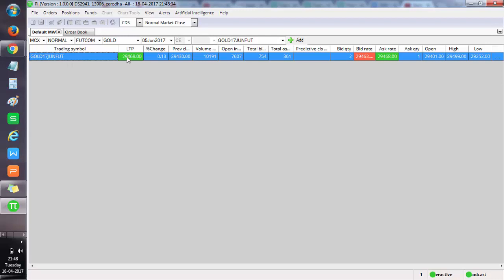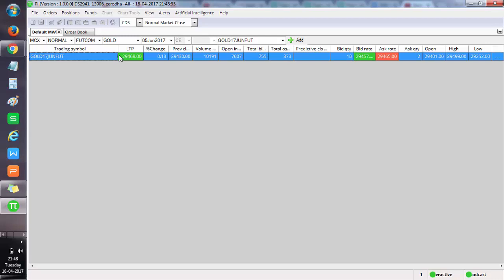Gold right now is trading at 29,468. Say your requirement is to short sell only when the price is below 29,468, at 29,465. That's what your requirement is.